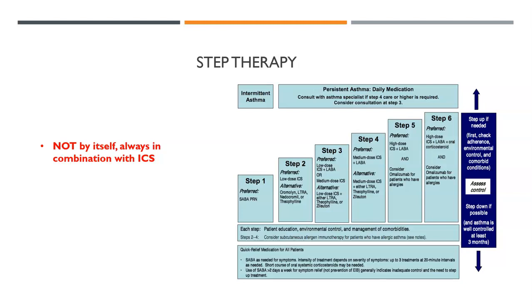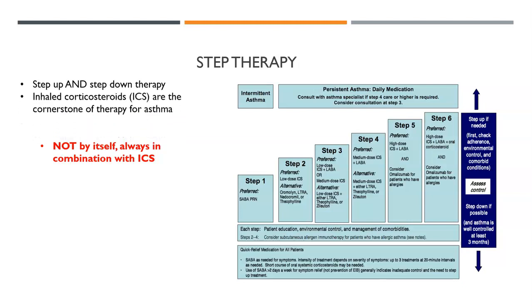So like I said, you can step up and step down in therapy. The ICS is the inhaled corticosteroids. That is the cornerstone of therapy for asthma. So as you see, step one, short-acting, that's PRN. And then they go over to a low dose inhaled corticosteroid.